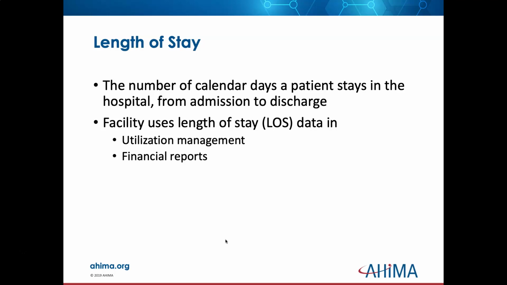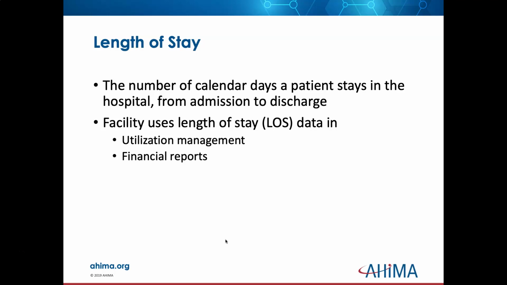Odds are you will not be asked to calculate length of stay once you get out into the field, but you'll hear terms like average length of stay or geometric mean length of stay, where we're looking at length of stay information or averages of that when they go with a particular DRG, and how is the hospital's overall length of stay?